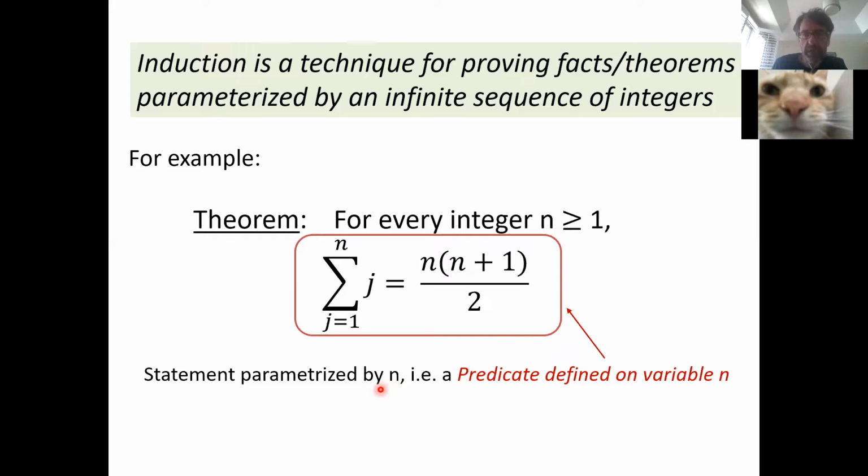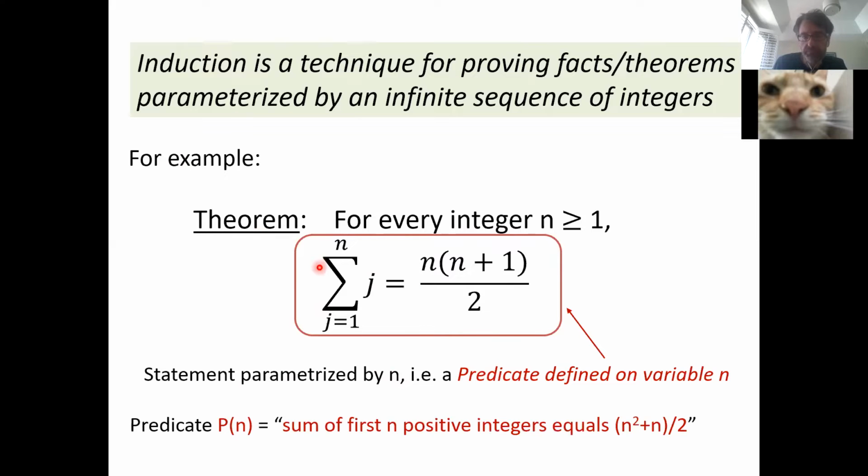We know what statements that are parameterized by variables are. They're called predicates. A predicate is essentially some function of some variables that returns true or not. Now, if you think of this as a predicate on n, which says this stuff, a function of n, is equal to this stuff, another function of n, that's a predicate about n. Perhaps it's true, perhaps not. This theorem says that it is.